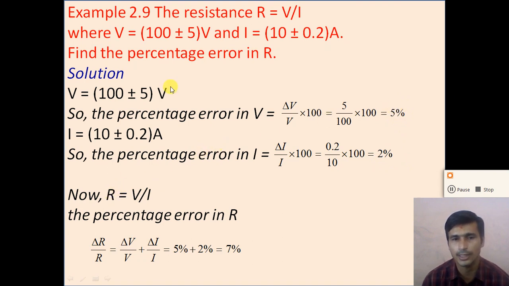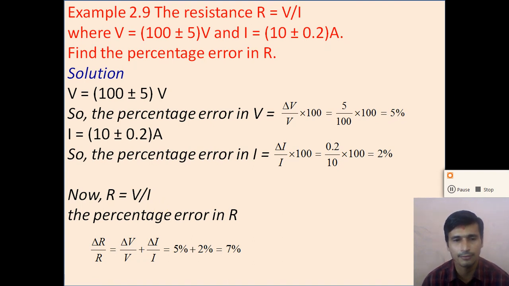So according to rule number 2, R is equal to V by I. So the percentage error in R, delta R by R multiplied by 100, you can write it or not, it doesn't matter. Delta R by R is equal to delta V by V plus delta I by I. The percentage error in R is the sum of the individual percentage errors.